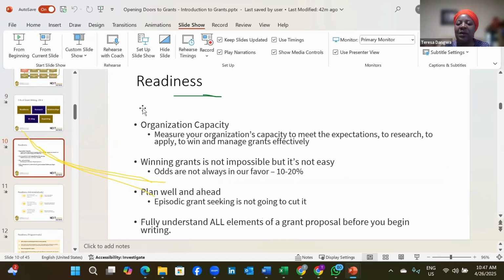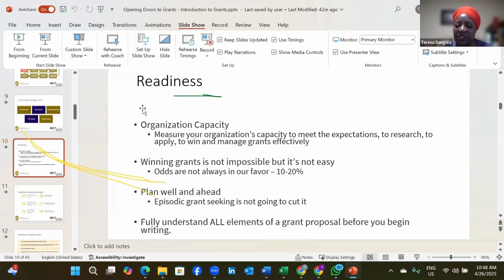Measure your organization's capacity to meet the expectations. That's why you must read the instructions, everything that the funder has put out there, so that you see whether your organization has the capacity to research, to apply, and even to win and manage the grants effectively.